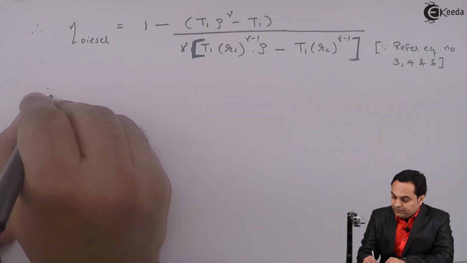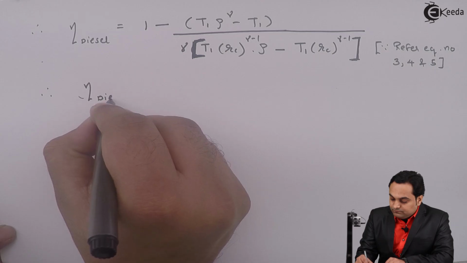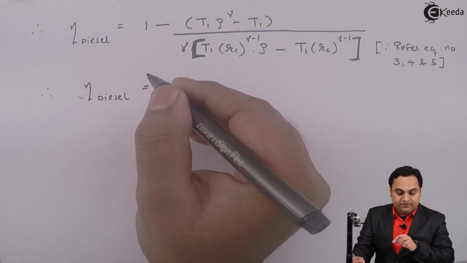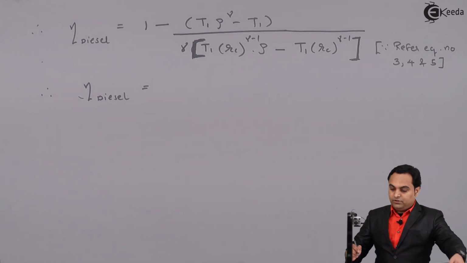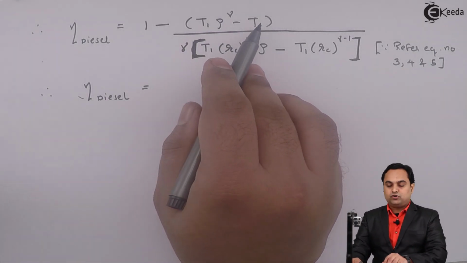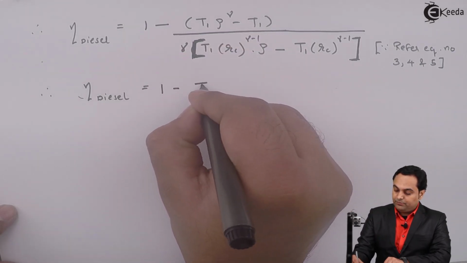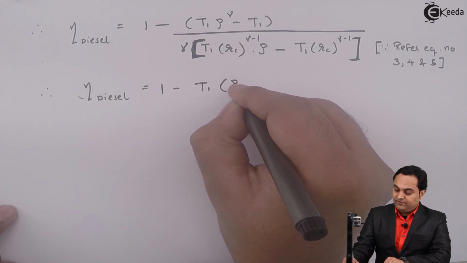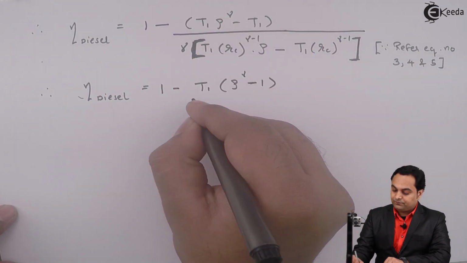So next, as I can see here in this efficiency of diesel cycle simplification, T1 is common in the numerator. So T1 I can take common. Then we will have rho raised to gamma minus 1.